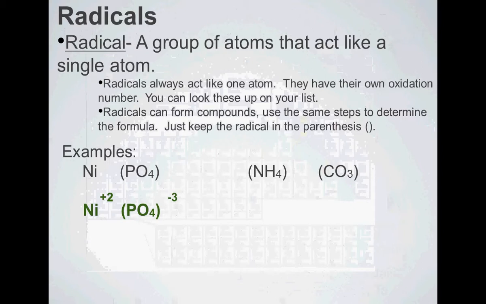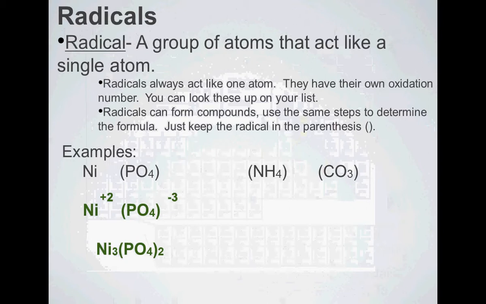Ignore the sign. And the 3 comes down here with the nickel. The 2 goes here outside of the parentheses. So when those two things combine, we get nickel 3, phosphate 2.